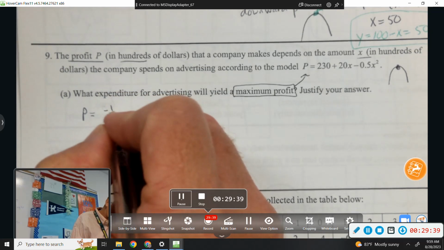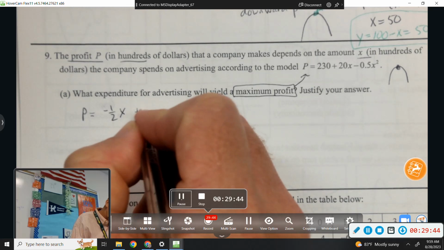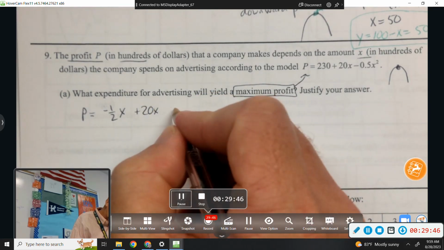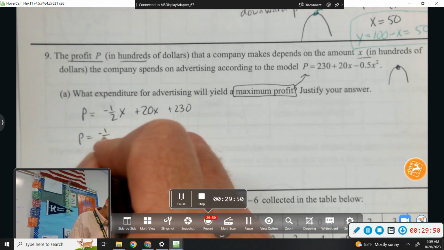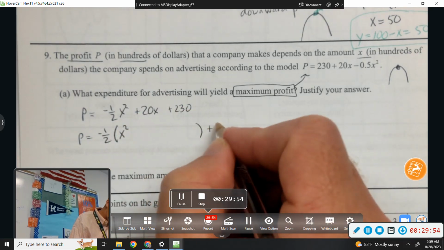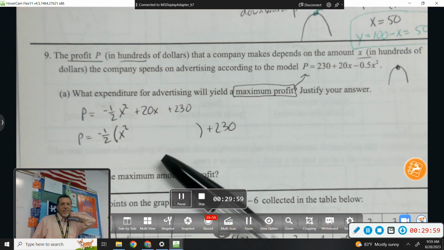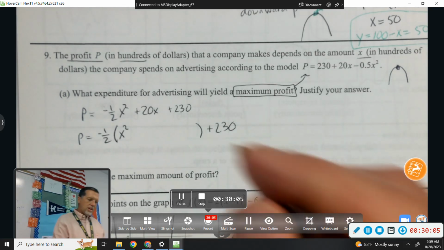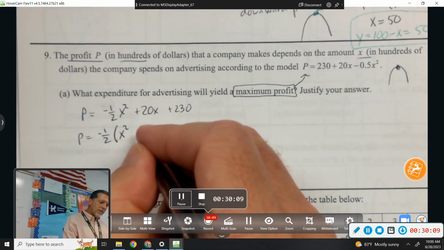I'm going to rewrite it in the right order. And I got a half to deal with here. So I'm going to factor out the negative 1/2. What's my middle term? So that 1/2 times the middle term gets me to 20. So what needs to go here? Negative 40.